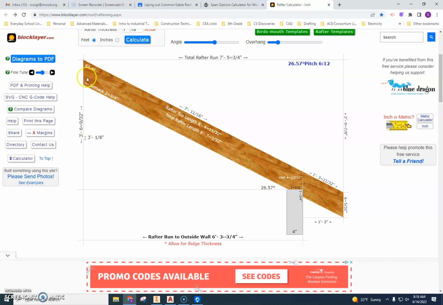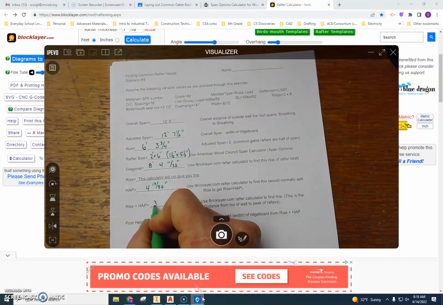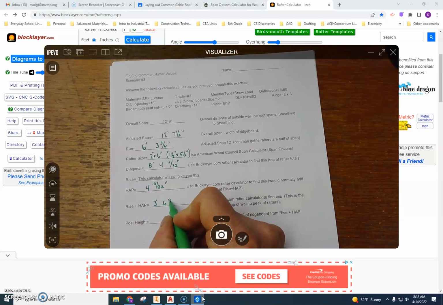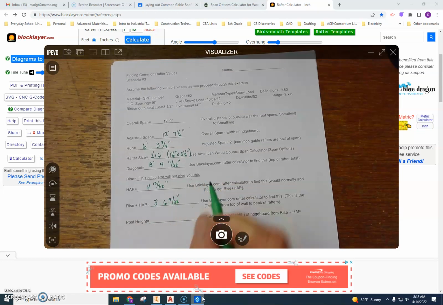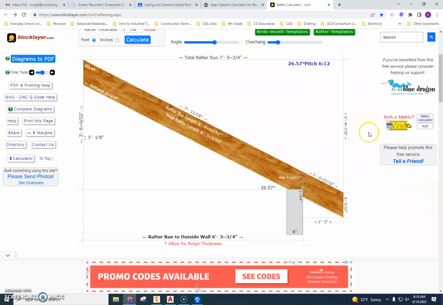We need our rise, and then if I go from here and draw a parallel line, if I add this distance in, I'll get to the top up here. So we need our rise plus our HAP. That is always this number right here. So that's what we write down for rise plus HAP: 3 feet 6 and 9/32. Right there. And that's all we need off of this.